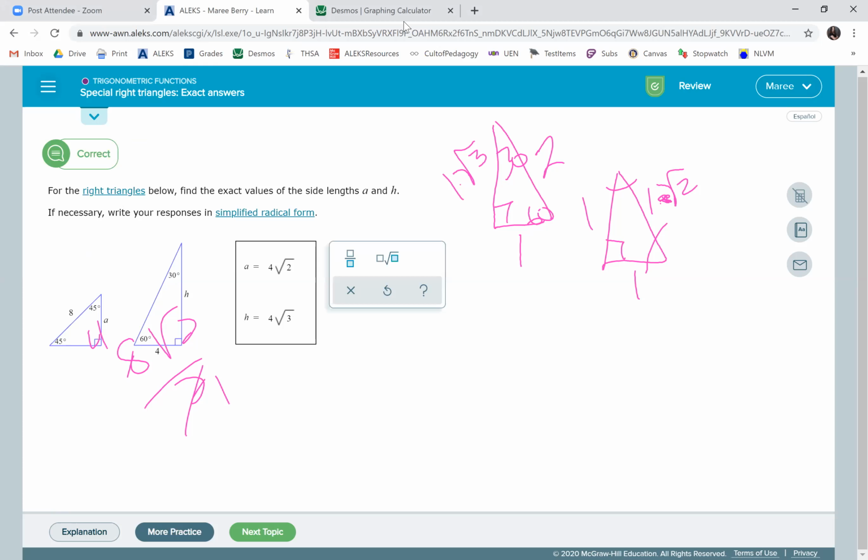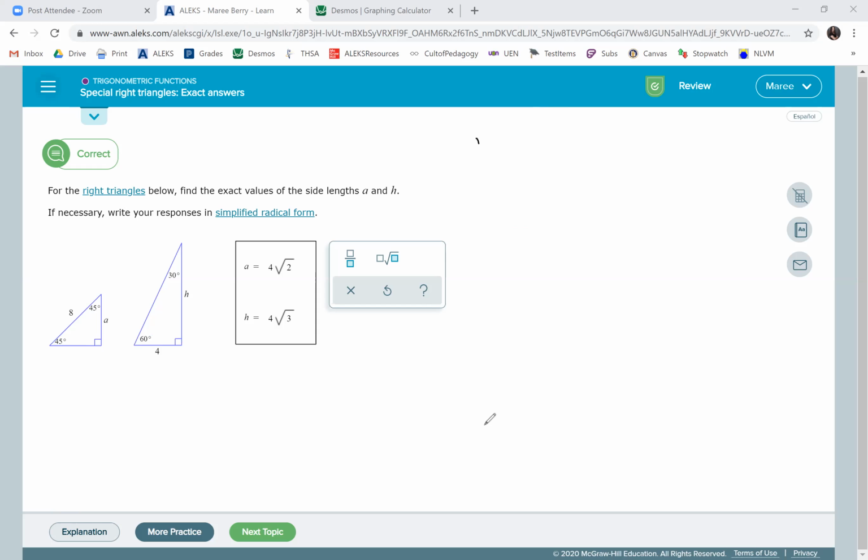One thing you really need to keep track of are these triangles. I know they're not very well drawn, so I'll draw them for you one more time. 30-60-90: whatever this is, you double it for the hypotenuse, and you take the short side times the square root of 3.